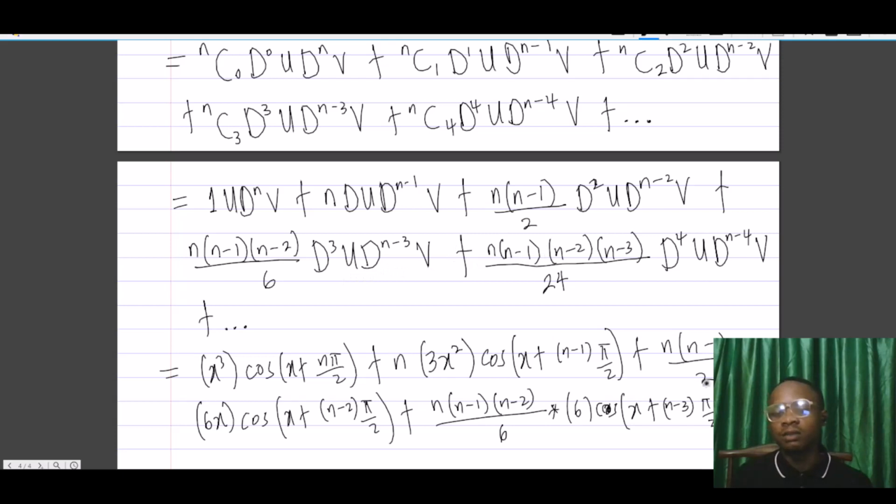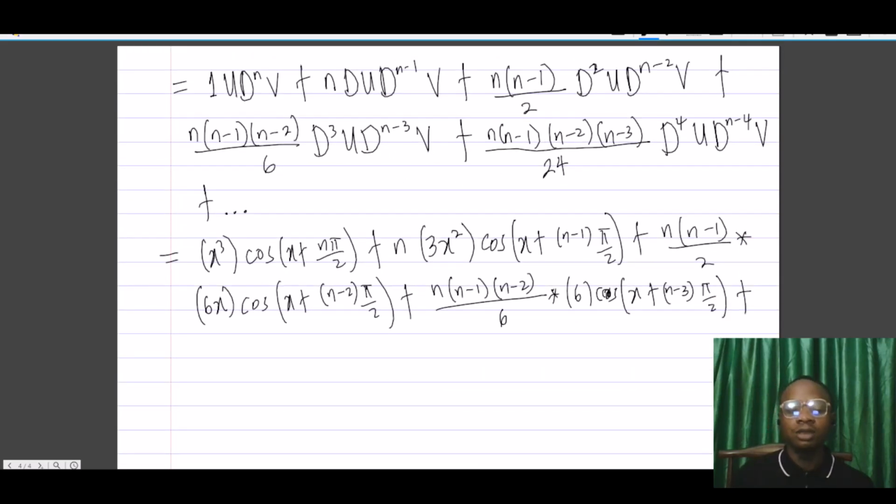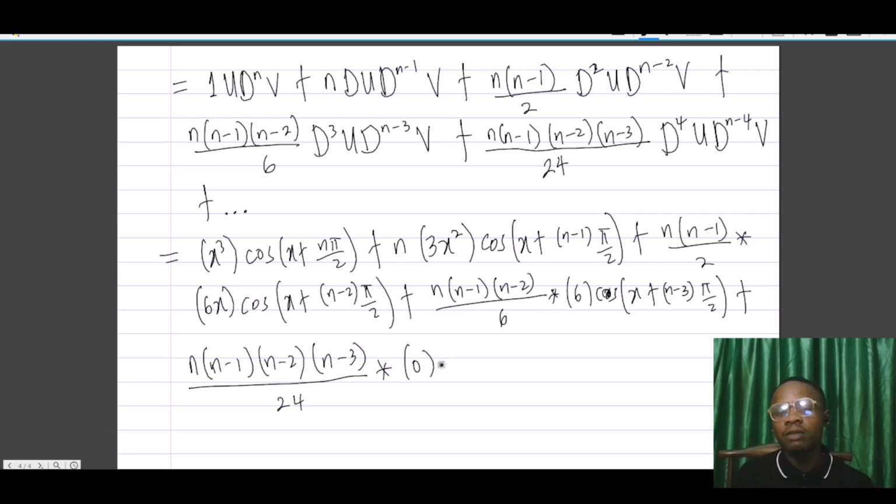Okay, that's all for the fourth term. Now we move to the next one. We know it will be 0, but let's write it out anyway. So this is going to be n into n minus 1 into n minus 2 into n minus 3 divided by 24 multiplied by the fourth derivative, that's the derivative of 6, which is 0, then multiply by the n minus 4 derivative of v.